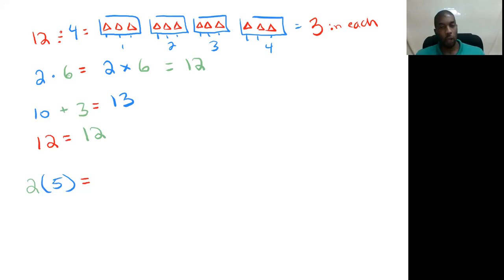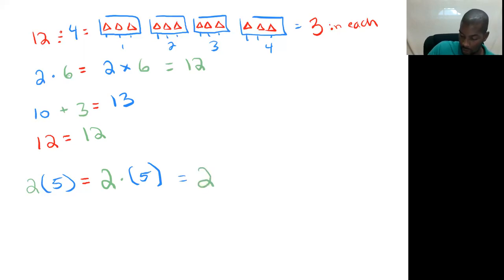Then finally, 2 parentheses 5. What's the value of 2 parentheses 5? Well, what I'm asking you is, what is 2 times 5, or 2 parentheses 5? I translate this into 2 dot 5, which is the same thing as saying 2 times 5.